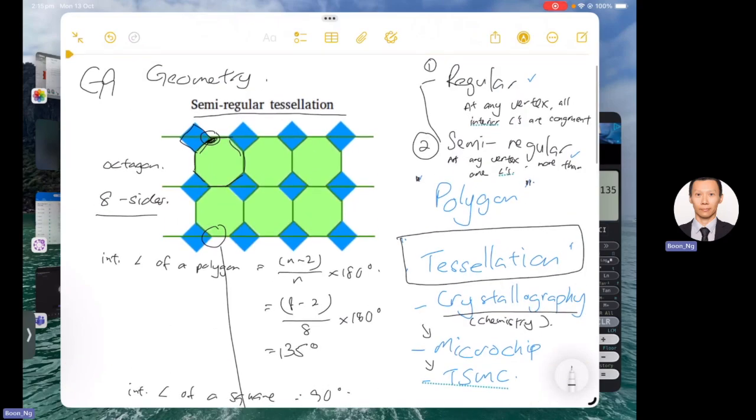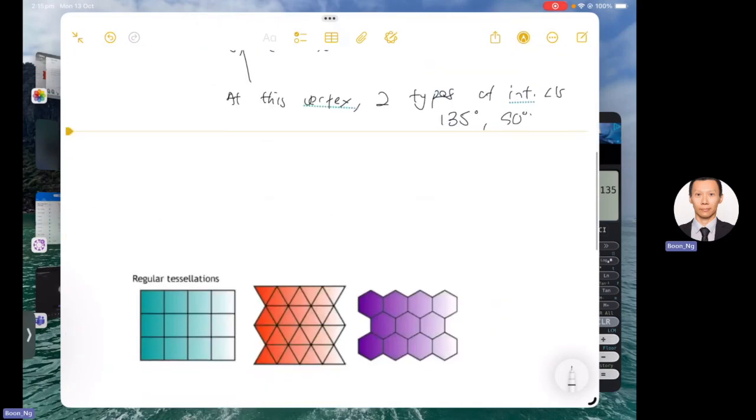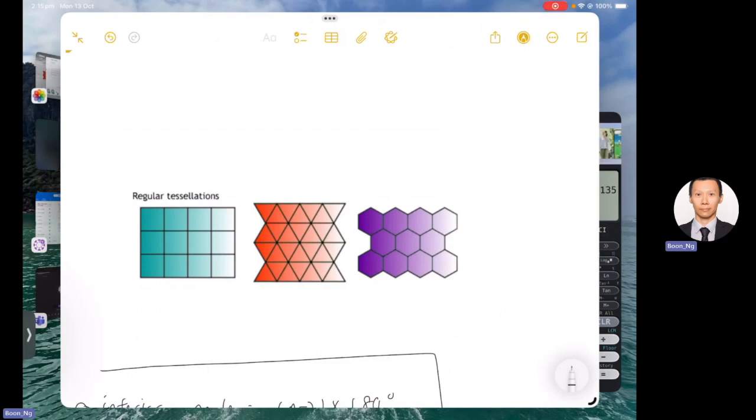Let's also look at regular. So these three are all regular. You can see here this is 90, and this is a triangle, and we know that when a triangle is regular, that means it is equilateral.